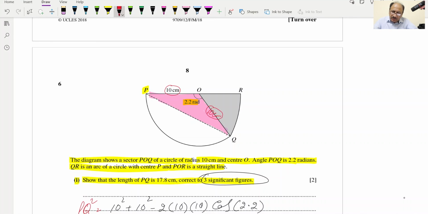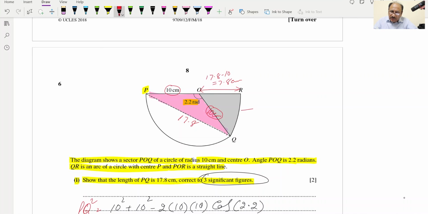We know that this side PQ is 17.8 up to 3 significant figures. So now we can find OR, and OR will be 17.8 minus 10, and this will be equal to 7.8 centimeters.